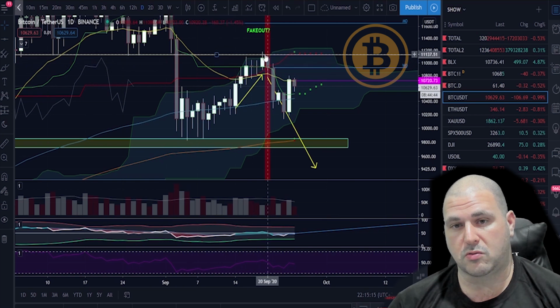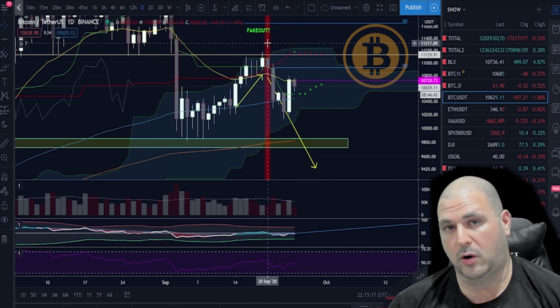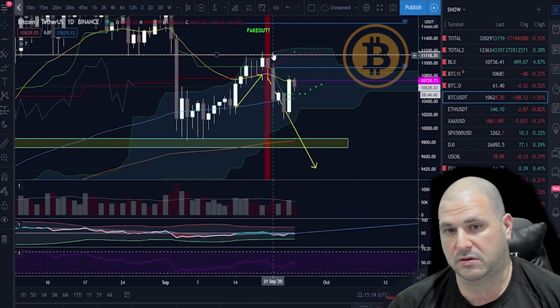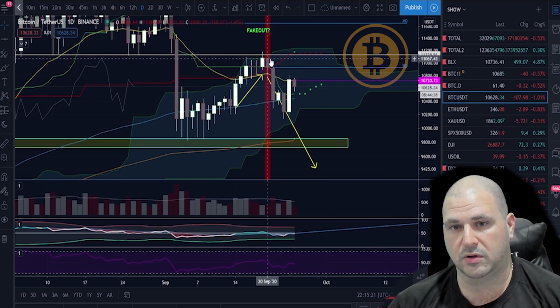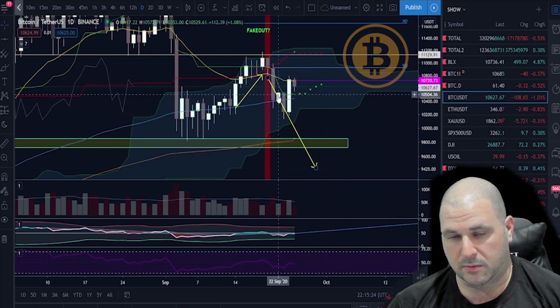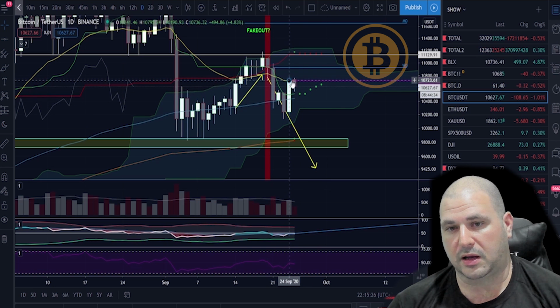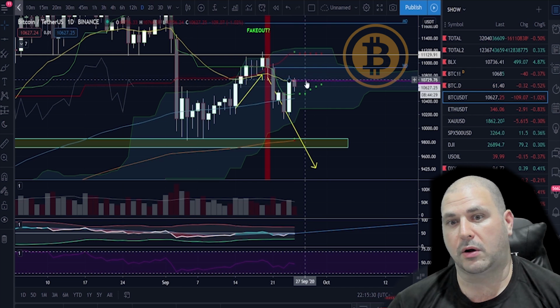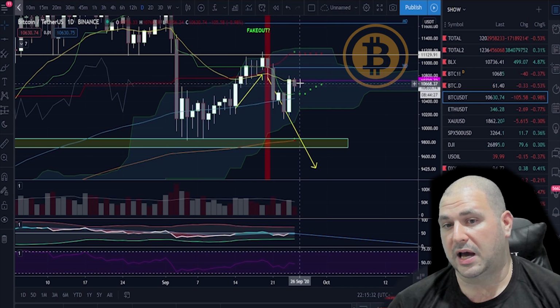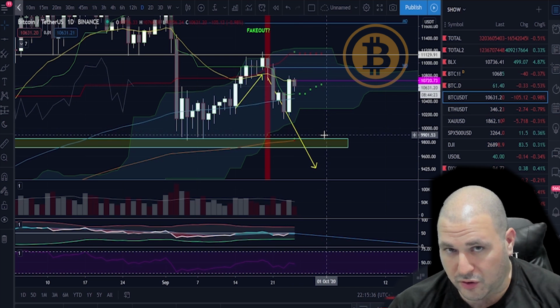This is how I knew we were very likely going to top here, and why I opened my short at $11,057, right near the top of this level. And then it started to come down. And now we've come up and kind of faked out the 21-day EMA on Bitcoin, and we're looking like we're going to potentially have a hangman at resistance here and likely come down further.